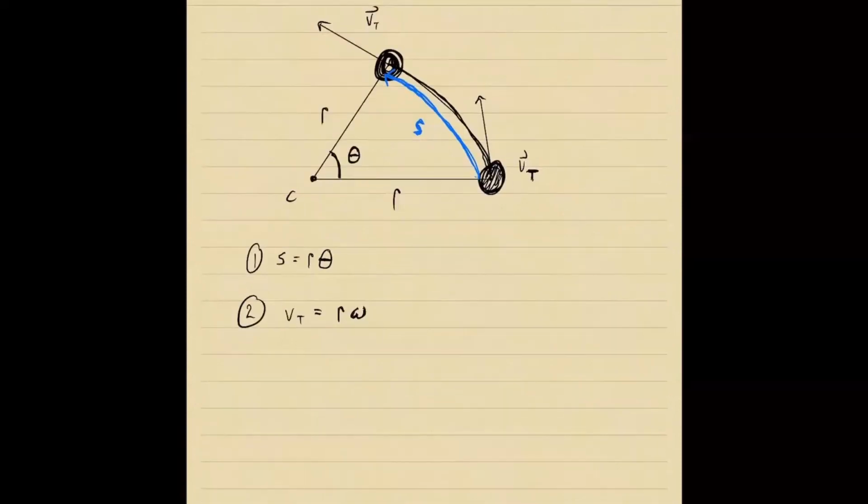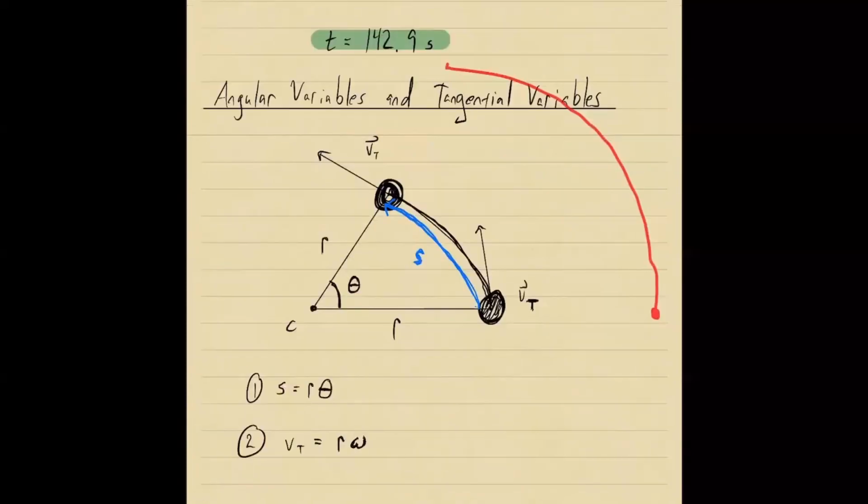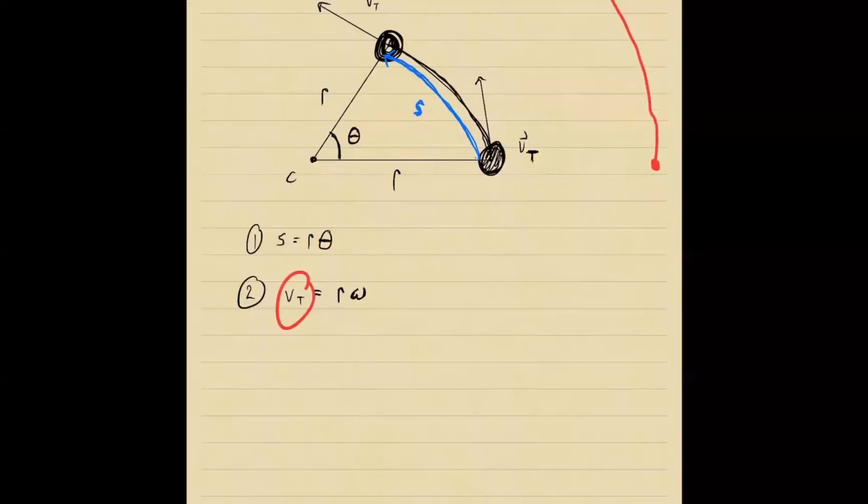So it makes sense that for a given angular velocity, if you're close to the center of rotation, then you don't have to move as fast. But if you're way out here, then it's going to take a very long time to cover the same distance. So you need to have a faster velocity to compensate. So strictly put, the tangential velocity is just equal to the radius away from the axis of rotation that you are, multiplied by your angular velocity.